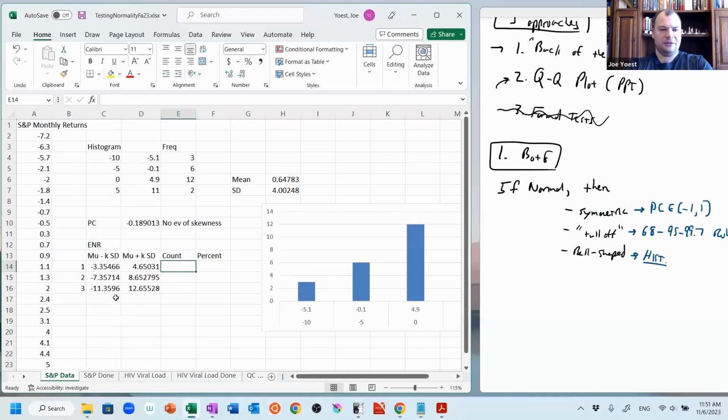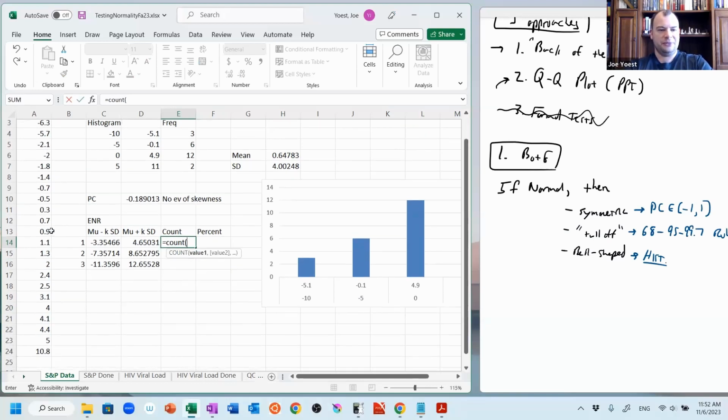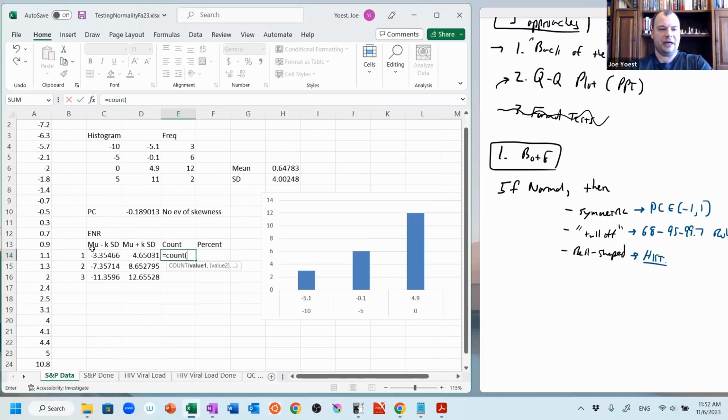And here I'll just kind of count. I've already sorted them in order, so I want to count everything from negative 3.35 up to positive 4.65, starting here and going up to there. This will give me the number of data points that are within 1 standard deviation of the mean.